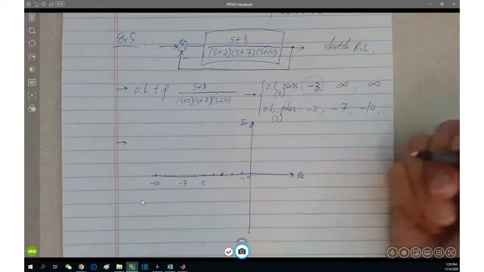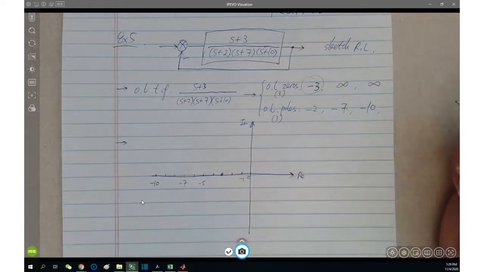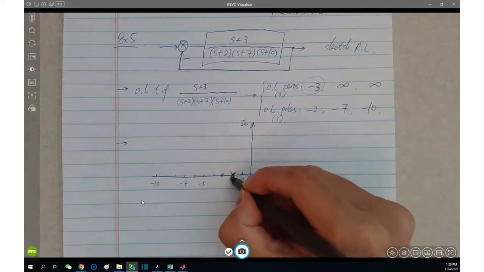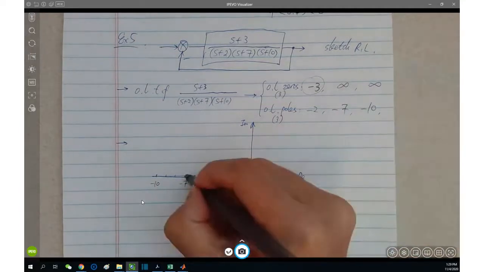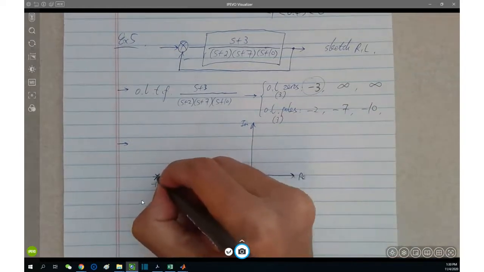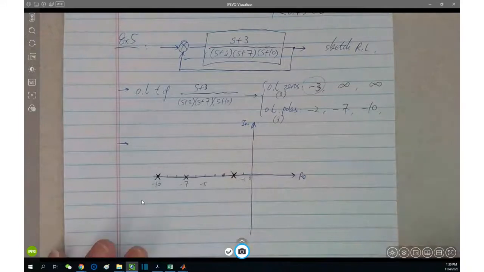So we have open loop poles, -2, which is here, represented by a cross. -7 here, cross. -10, cross. Once again, we don't have any complex open loop poles or zeros, so they're all real numbers.